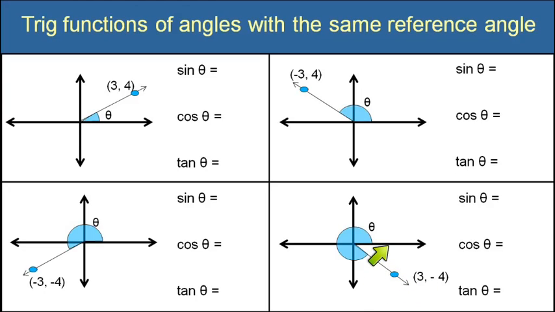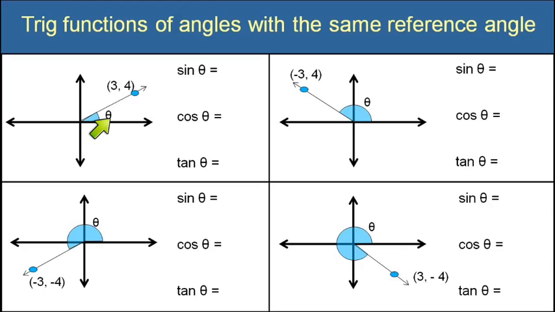So this little angle here is the same as this little reference angle, which is the same as the other 2 little reference angles. So the important thing here is that every coordinate system contains a theta that has the same reference angle as all the others. Now, let's go ahead and find sine, cosine, and tangent for each of these angles.